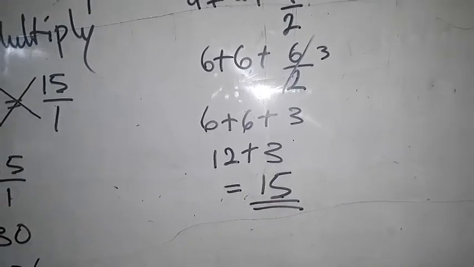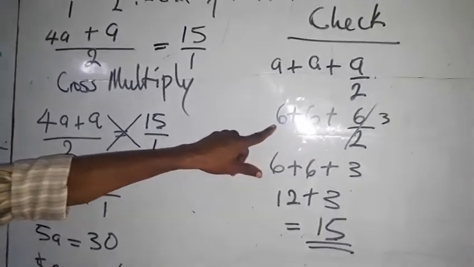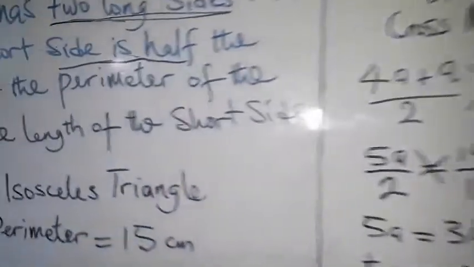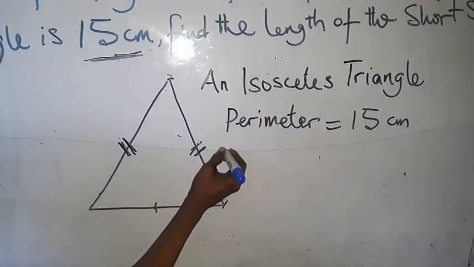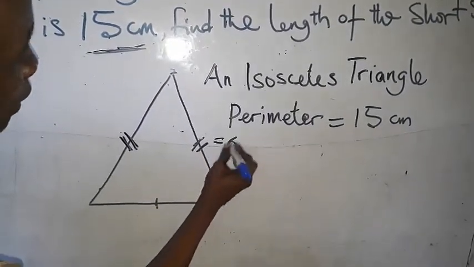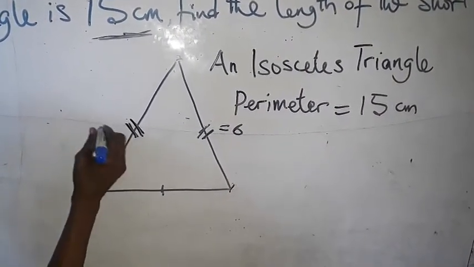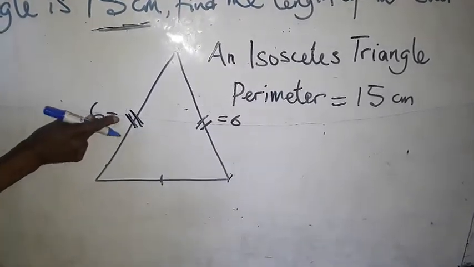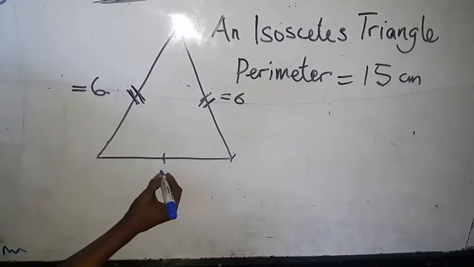So the question was, now you know the length of the other side, come back to the diagram so that you know it by yourself. It means in this diagram, the length of this side is equal to 6. The length of this side is also 6. Now the length of this side is what?